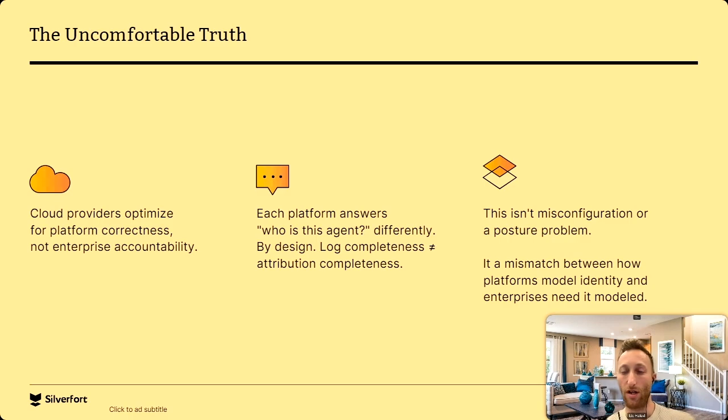And I really want to emphasize, it's not like it's a misconfiguration or a posture problem. You can't really fix it by just reading more documentation or writing better policies, right? It's actually how those systems are built. It's a mismatch between how platforms are modeling identities and how enterprises or customers need to model accountability.